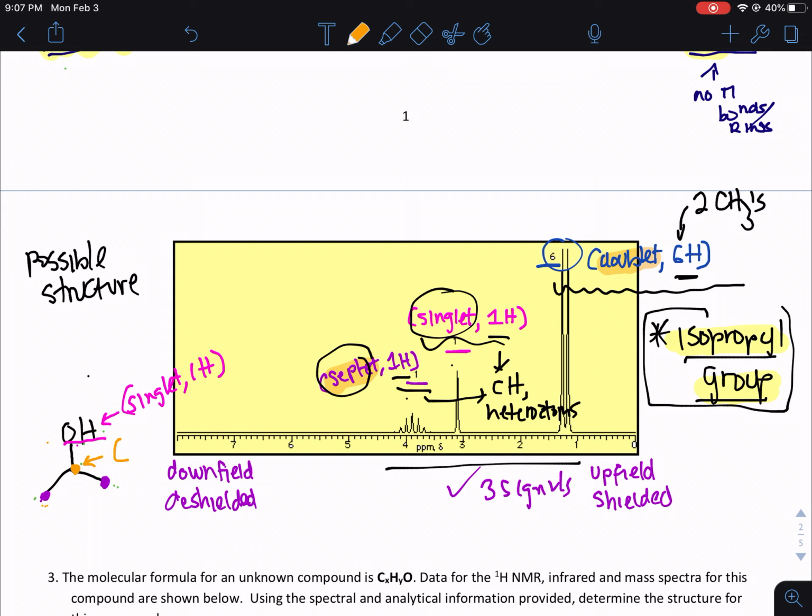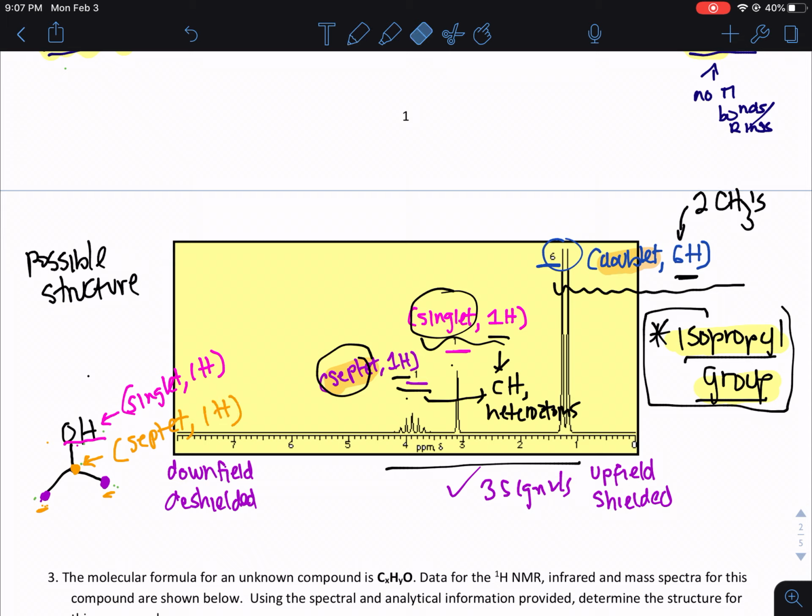So counting this and this that are adjacent to it, it's adjacent to 6 protons in total. And we follow the n+1 rule to determine how many splits it will have. Being adjacent to 6 protons means it's going to have 6 plus 1, which is 7. That's a septet, right? And there's only one proton of that type.